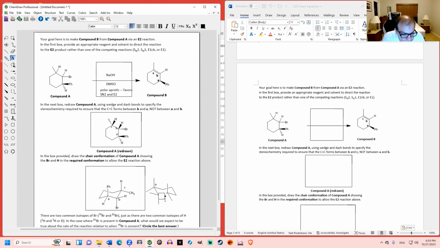This is going to be my B carbon, and this is going to be my C carbon. And on carbon C, my hydrogen is up and my methyl group is down. On carbon B, my hydrogen is up, and my bromine is down.